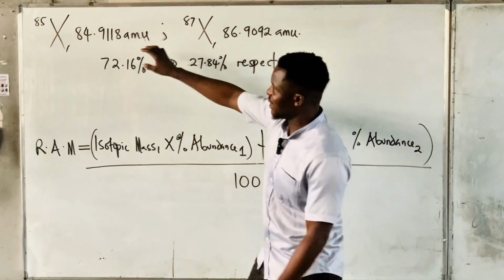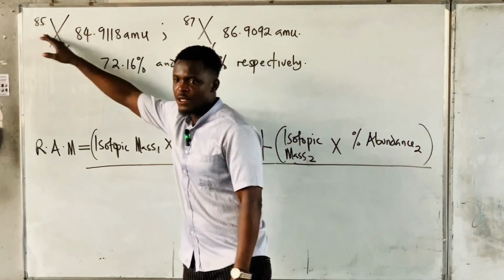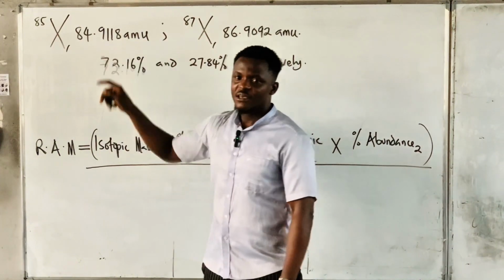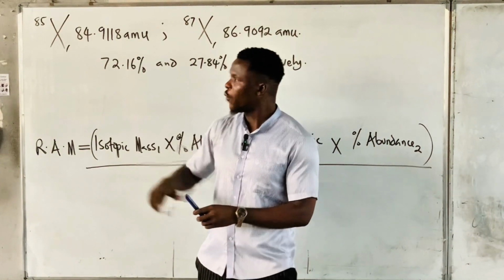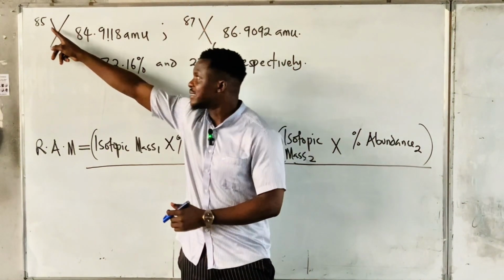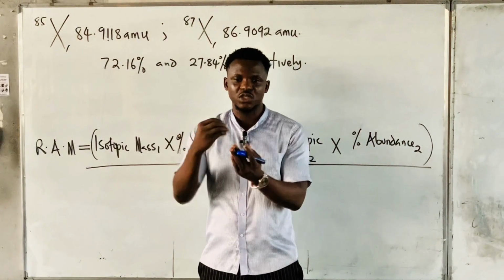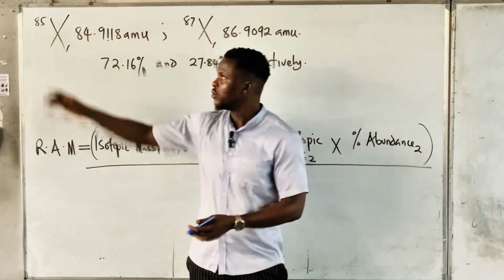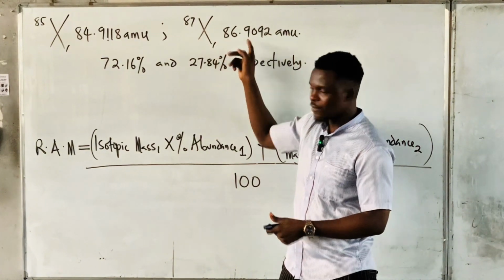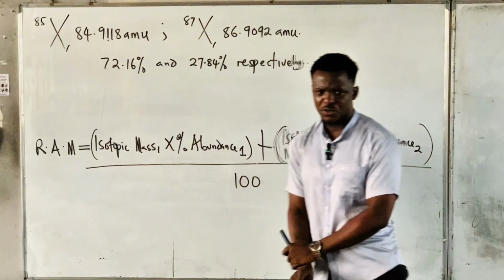They've given us the first isotope and the second isotope. The first one is 85, the second is 87. Now, the mass of this 85 is this. The one you're going to use for calculation is always going to be an approximated value, such that when you approximate, you get the real value here. So this is 84.9. It will always be given to you in such a way that when you approximate the value, you get this. This one, 87, is what you're going to use for your calculation. So this is two isotopes, and basically this is the formula we're going to use.